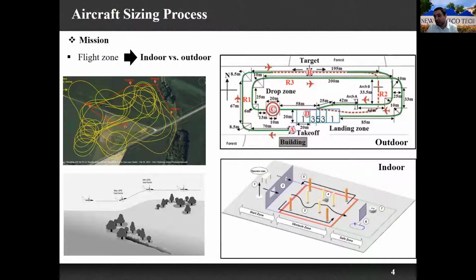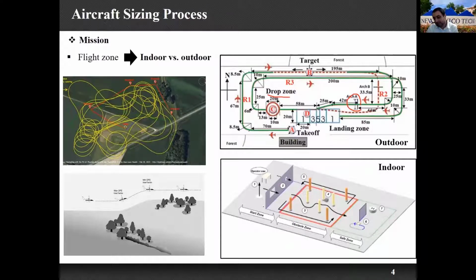There are two balloons in the sky, so our drone should be able to attack these balloons. There are two arcs here that our drone should pass through, and it needs to drop a sensor in this drop zone and eventually land here. So this is an example of the mission that we actually did for an outdoor application.